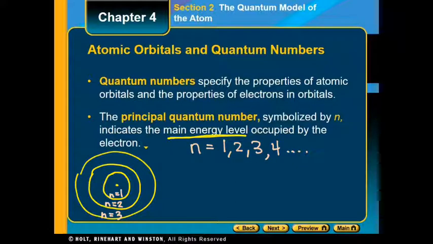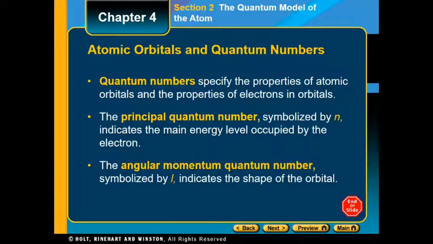We will get into how many electrons can actually live on each of those different energy levels. But starting off, principal quantum number represents your main energy level. We use the symbol n to represent that, and it is some whole number starting with 1, and the further they are from the nucleus, the higher the number will be.